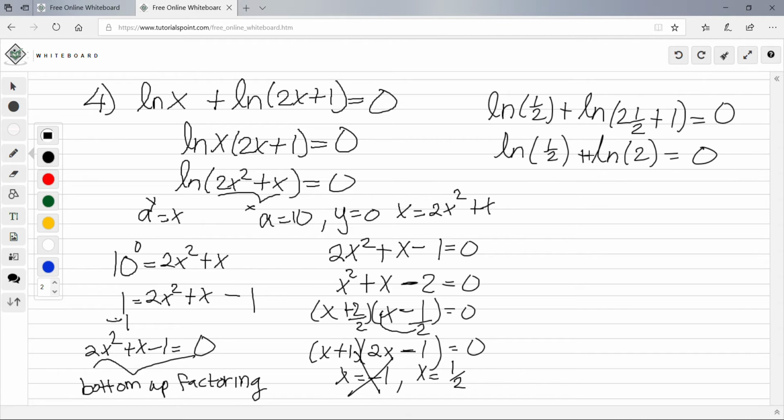We're adding, so we must multiply. So ln of 1/2 times 2, which is 1. When you put in ln of 1, you get 0, because you can just put it in the calculator and you should get 0. So this is 0 equals 0. So that's true.